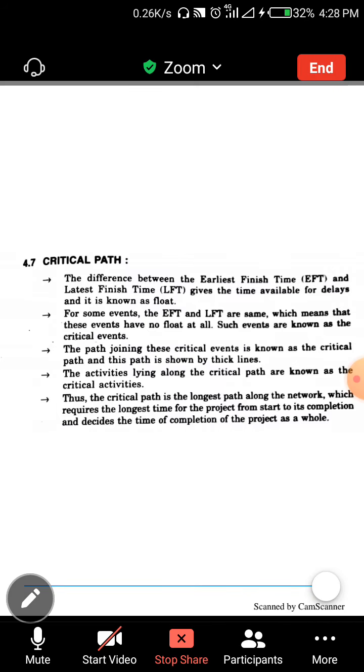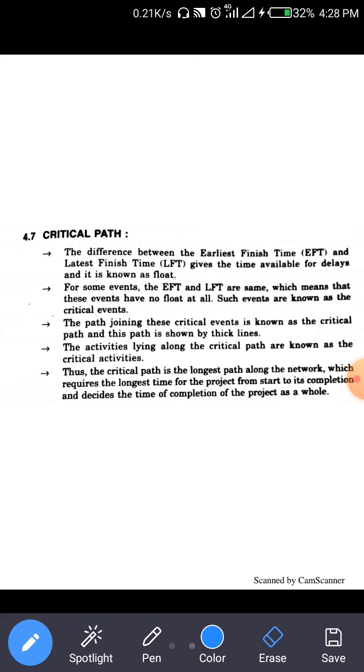Now the next topic is the critical path. The difference between the earliest finish time and the latest finish time gives the time available for delay and is known as float. If the EFT and LFT of an event are the same, this is an important point, then these events have no float at all.